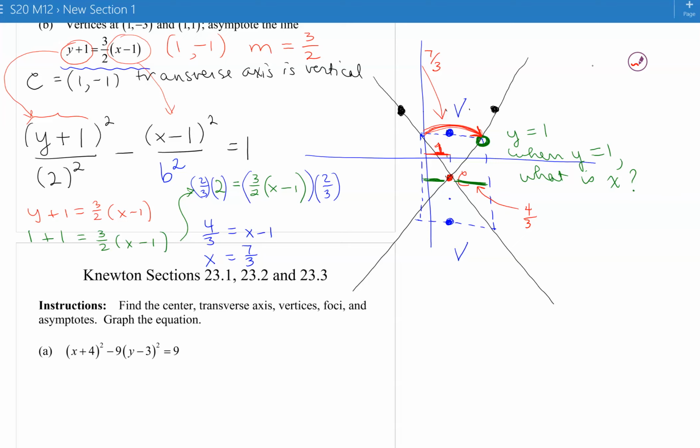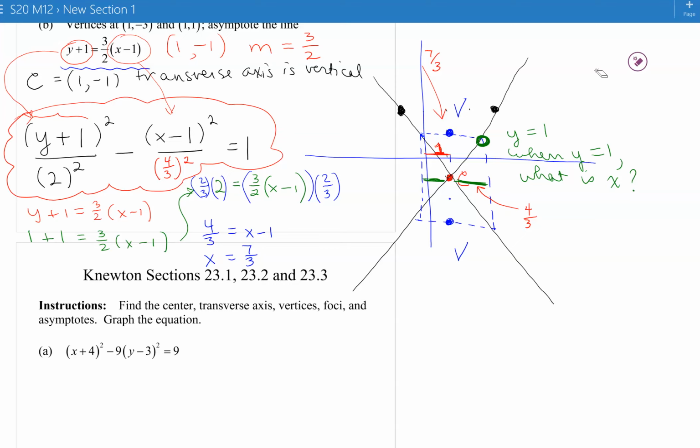So to the right and the left, we went 4/3 in each direction. So under the x term goes 4/3 quantity squared. So this is our equation of our hyperbola.